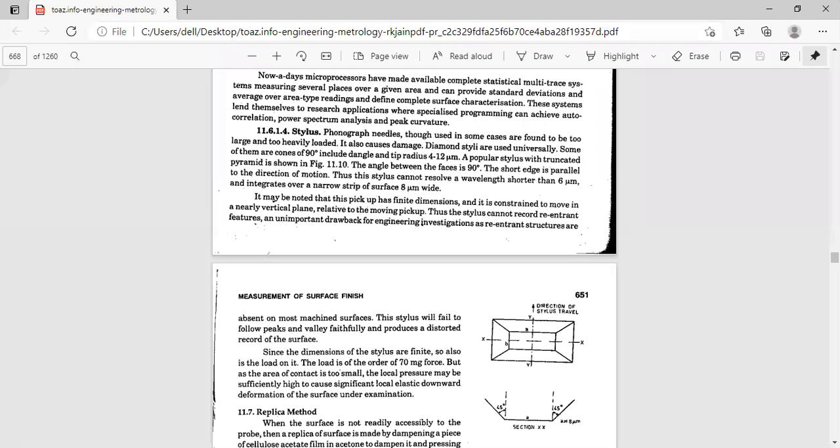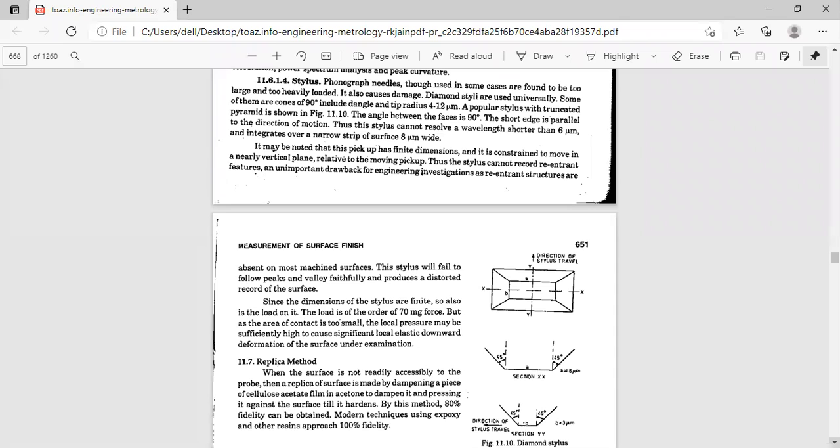The local pressure will be sufficiently high, and instead of the stylus going for the integrated movement, it will cause an elastic deformation downwards, and it will give a distorted record, and it will not give a correct measurement of the surface irregularities.